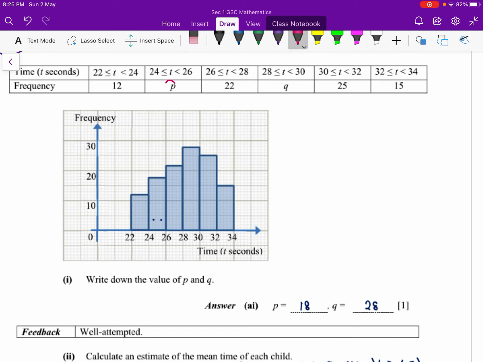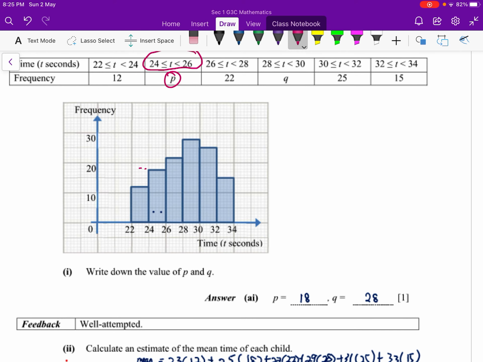Let's find out the value of P, which is the frequency for the time range 24 to 26. So the frequency, read off the graph, you get 18. And for Q, 28 to 30, you get 28.